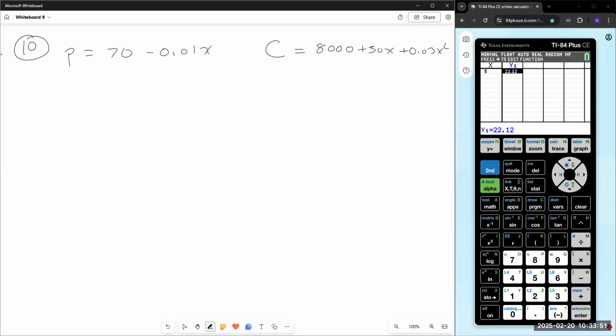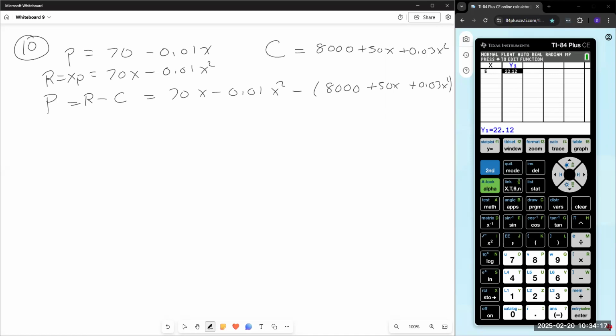So revenue is equal to xp, which is 70x minus 0.01x squared. Capital P profit is revenue minus cost, which is 70x minus 0.01x squared minus 8,000 plus 50x plus 0.03x squared. Capital P profit is 70x minus 0.01x squared minus 8,000 minus 50x minus 0.03x squared.